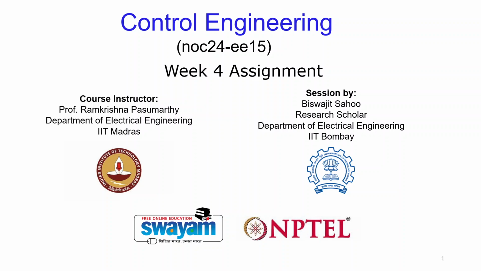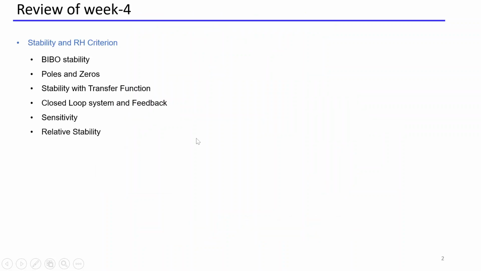Today we are going to go for the week 4 assignment discussions. In this last week, I think you have covered the session: what is stability, how to do the stability analysis by using the RH criterion, and how the poles and zeros decide the stability of the system.